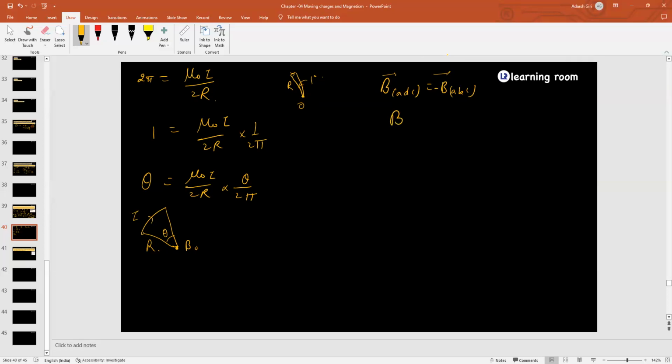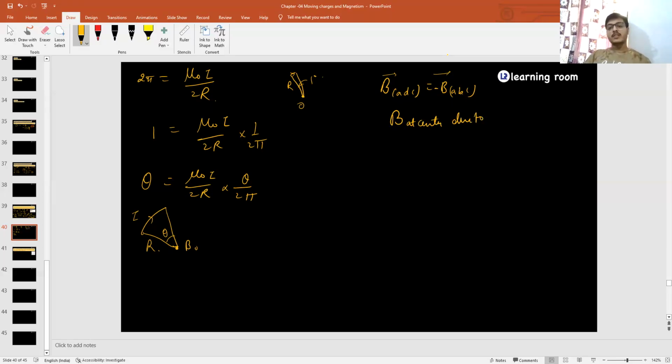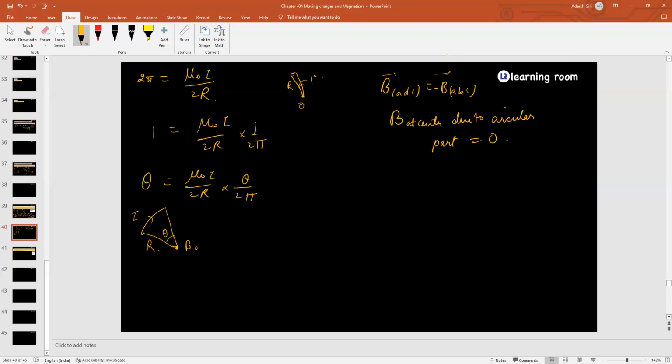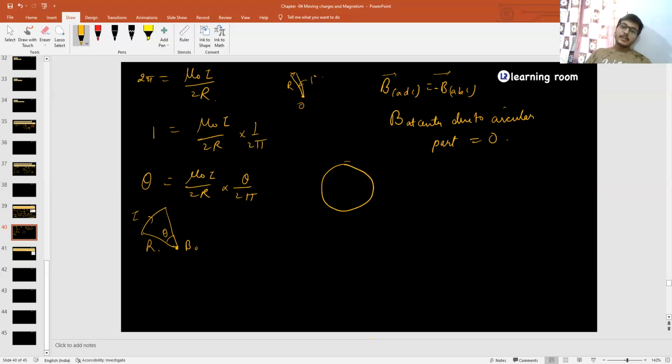That means the magnetic field at the center due to the circular part is equal to 0. That circle is not responsible for any kind of magnetic field at the center. Agree or not? Yes, sir.